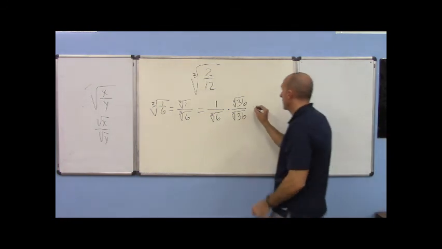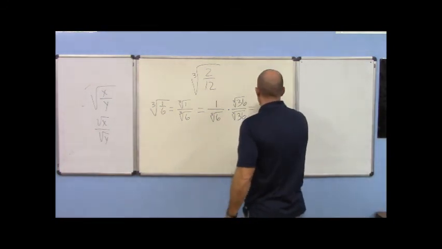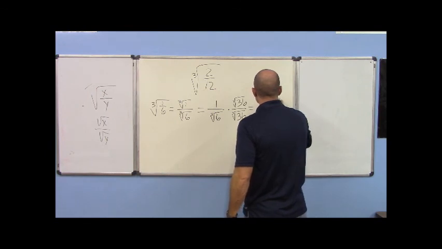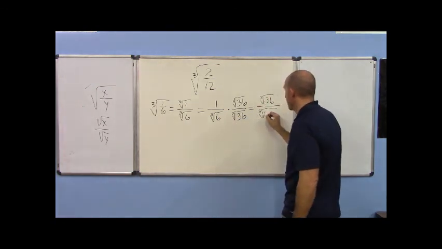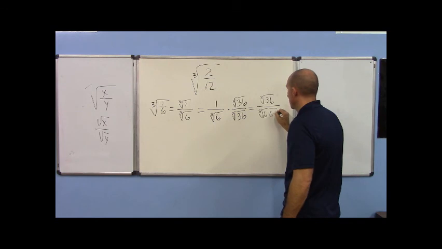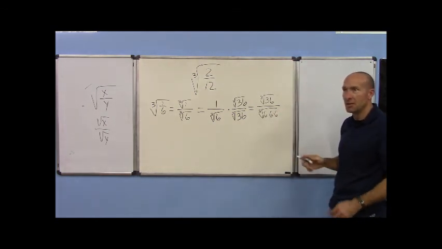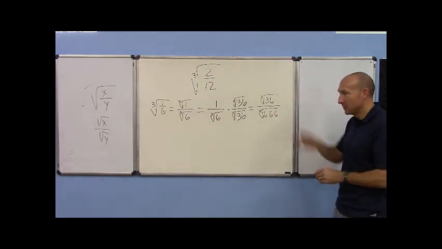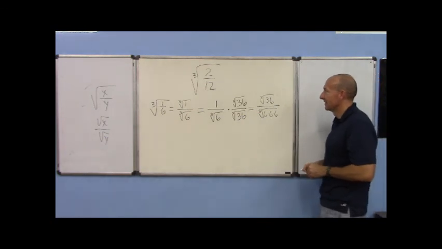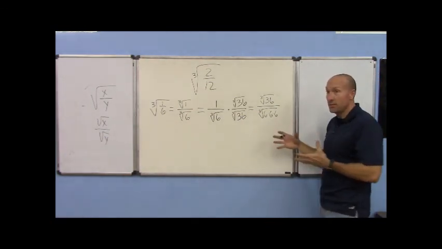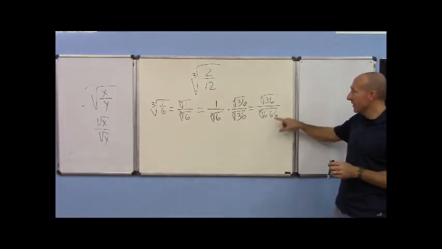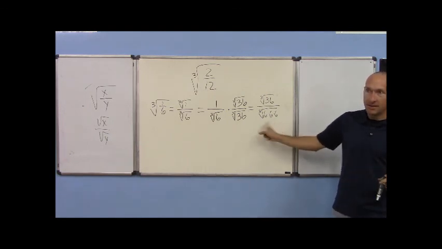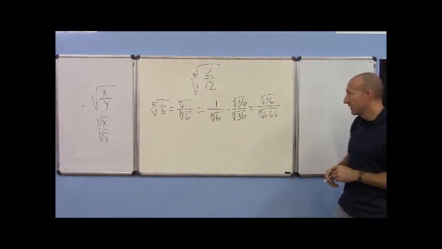Okay, so now let's do this. We have the cube root of 36, and the cube root of 6 times 6 times 6.